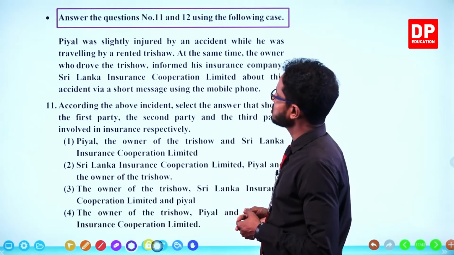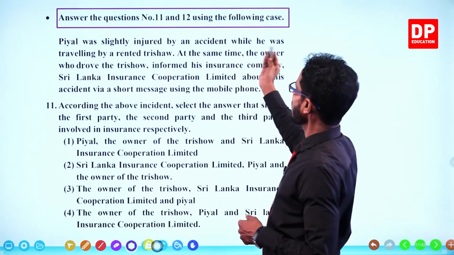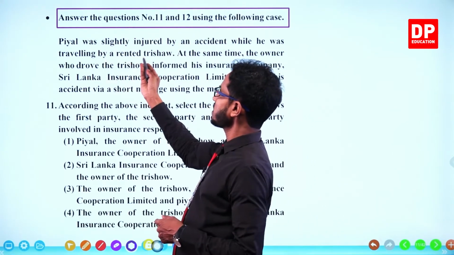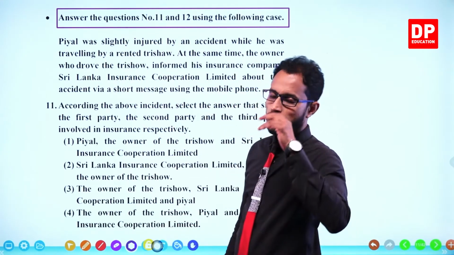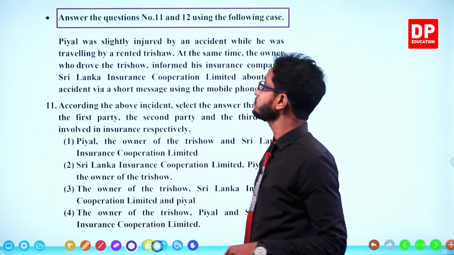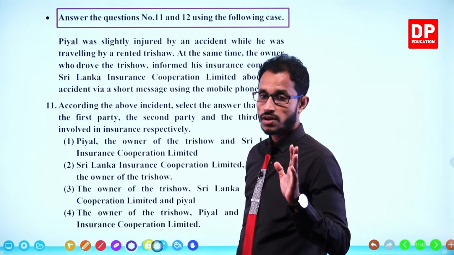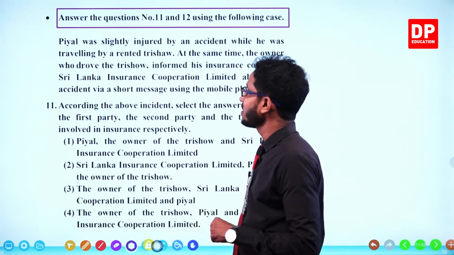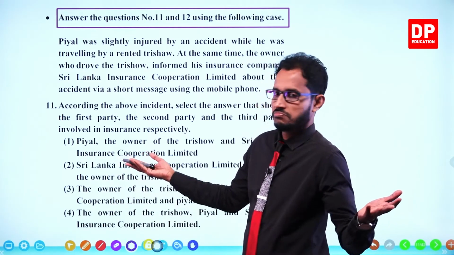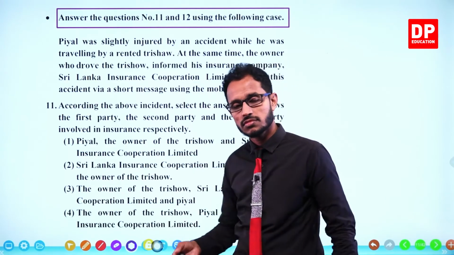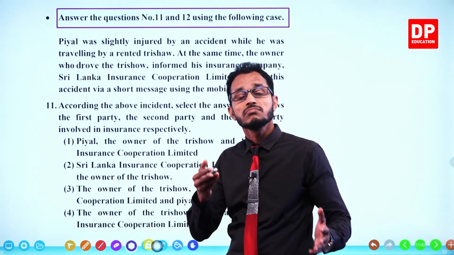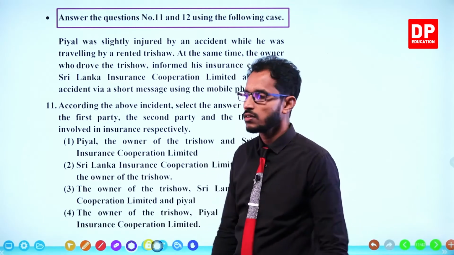Pierre was slightly injured by an accident while he was traveling by a rented trishaw. Trishaws are like that. The way they are going, it's good if you stay alive.